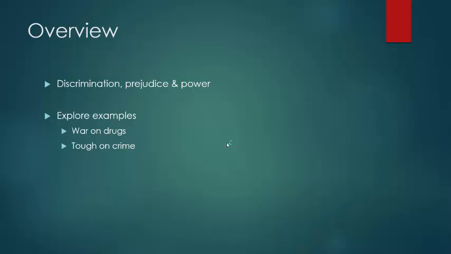So we are going to explore some of these different elements as examples for us, specifically the war on drugs as well as the criminalization of drugs, how that is shaped by stereotypes and discrimination, and becomes part of a societal apparatus that is about exercising power around these different frameworks. So these examples will give us one entry point.